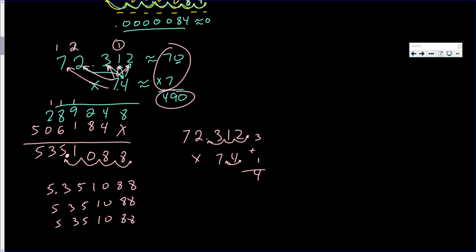You know, if I put the decimal there, that's only 5.3, a little bit more than 5. If I put it here, that's a little bit more than 53. If I put it here, that's 5,351. None of these numbers, around 5, around 53, and around 5,351, are near 490.